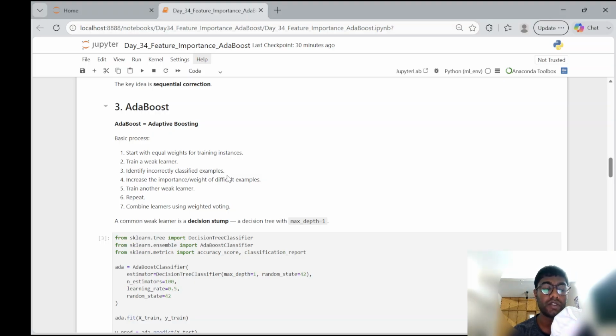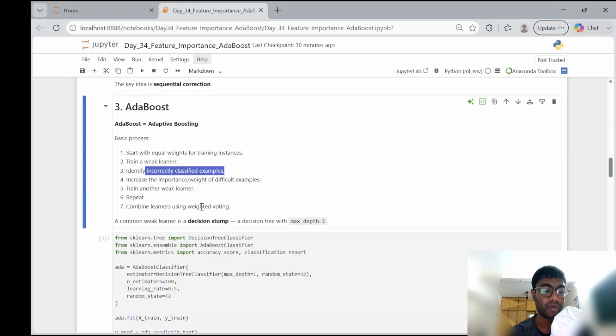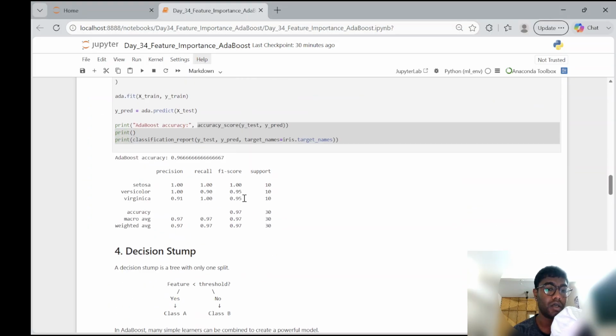Such models are closely examined, taking their incorrect results and improving their weights to improve their performance, and then retraining the next set of machine learning models, and this process continues to repeat. And at some point we also increase the weight of their voting value to have a better ensemble output.